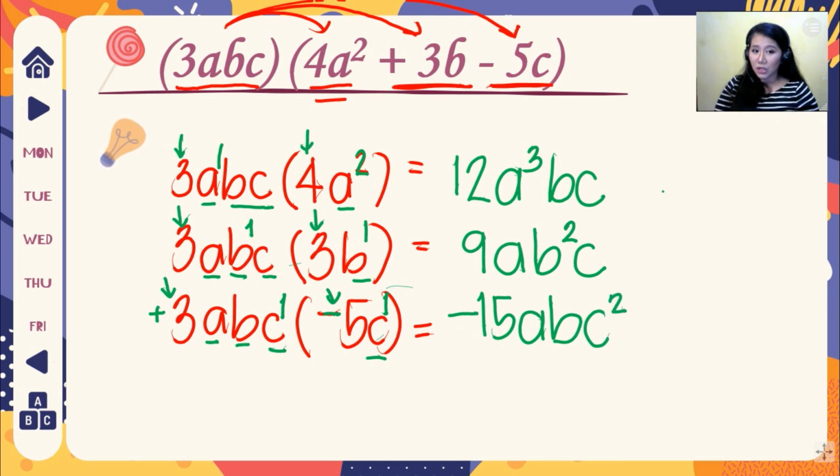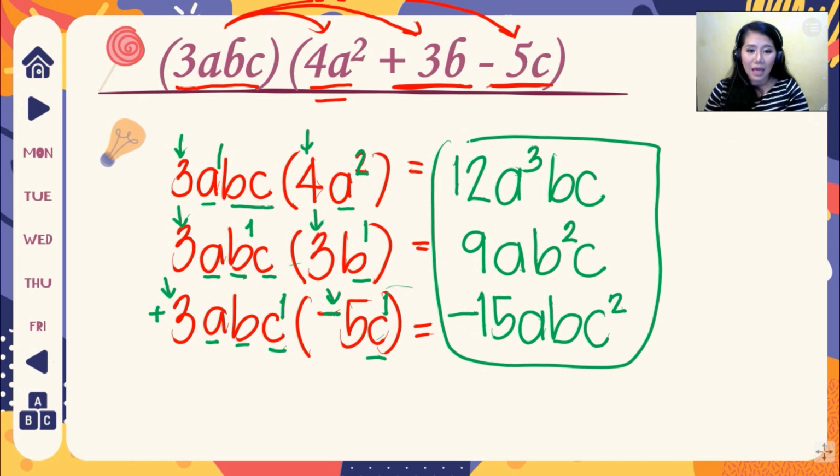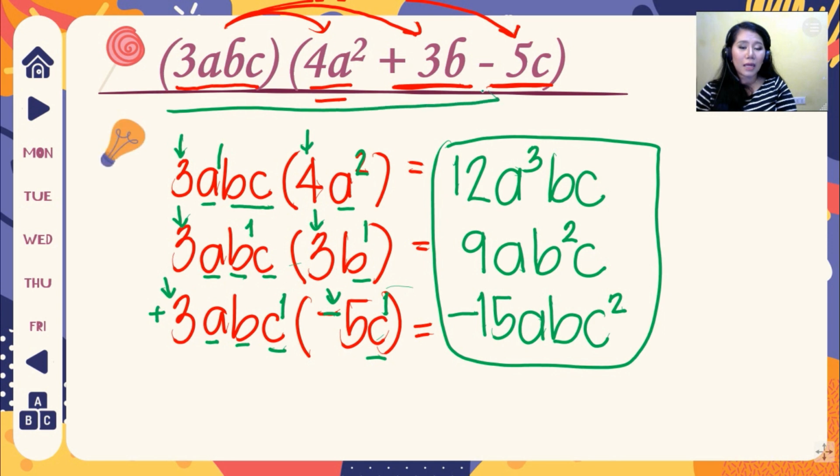However, this is not yet your final answer. Hindi po pwedeng ipag-plus, plus, plus, plus lahat to, ha? Ang gagawin natin kasi ay, diba, naka-arrange to, yung polynomial na pinamumultiply natin, nakapaganon siya. So, dapat, nakaayos din ng ganun yung polynomial natin or yung final answer natin.